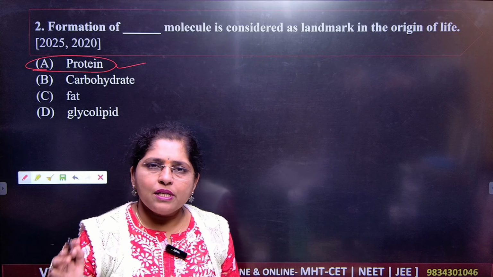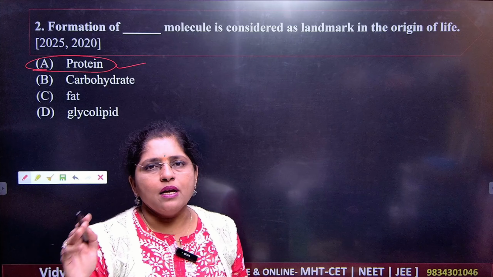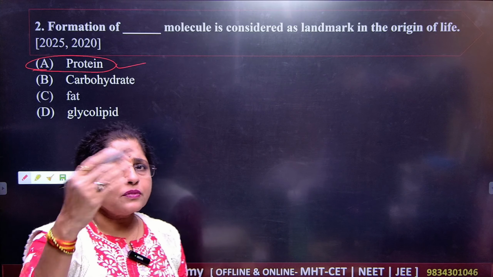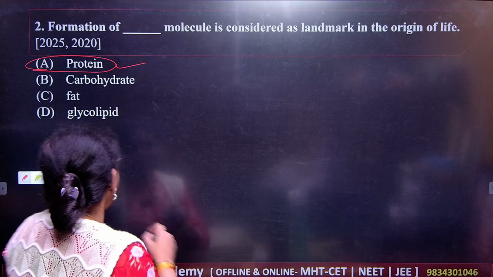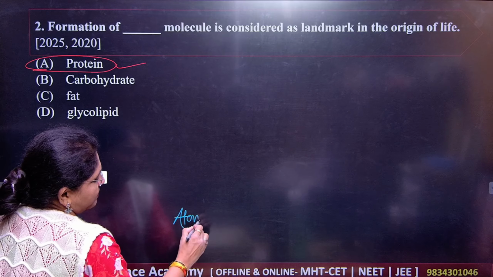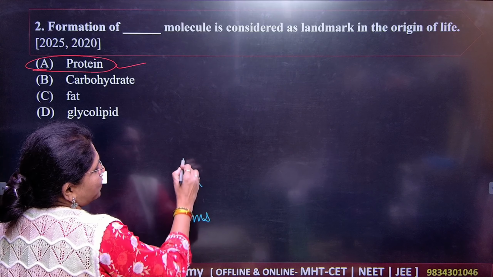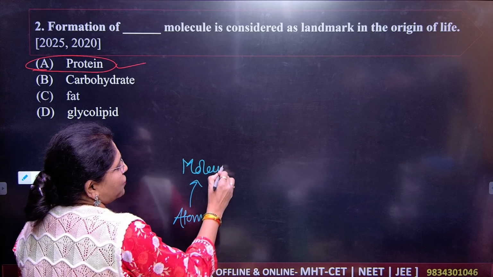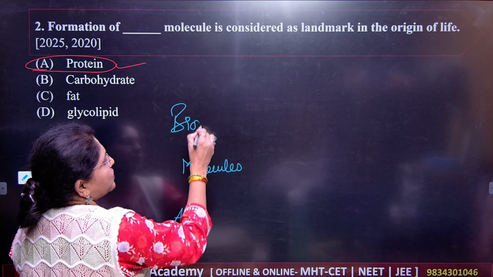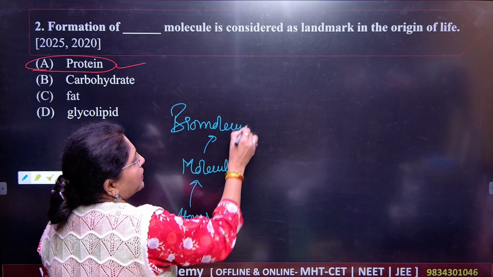So please students, see the hierarchy up to the formation of the cell. Again I'm repeating, first of all, atoms to molecules, right? From molecules, we get different types of biomolecules, right?